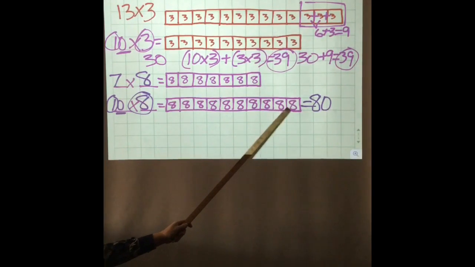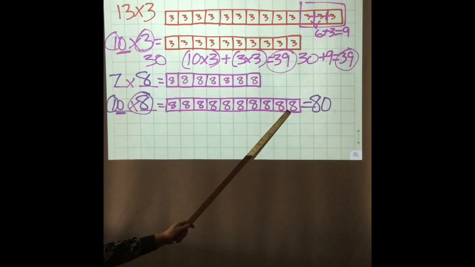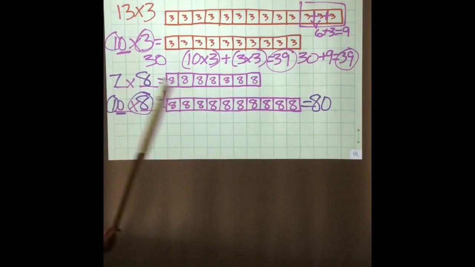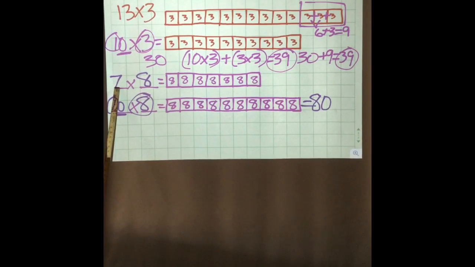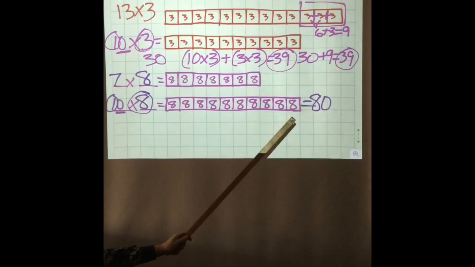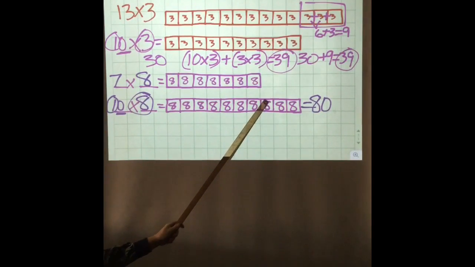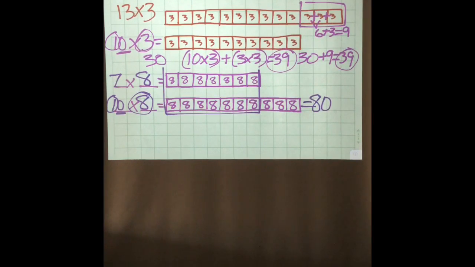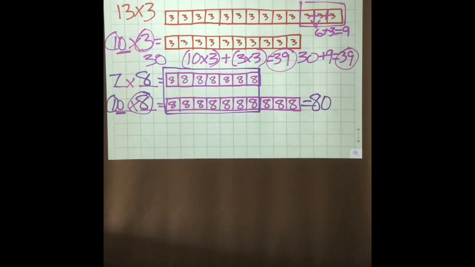So what's our difference here? Well, I have 3 8s, don't I? And I'm trying to find out what my answer is for 7 times 8, right? So I can now take off, I have a difference here, don't I? Because see, these are the same, but what's our difference?